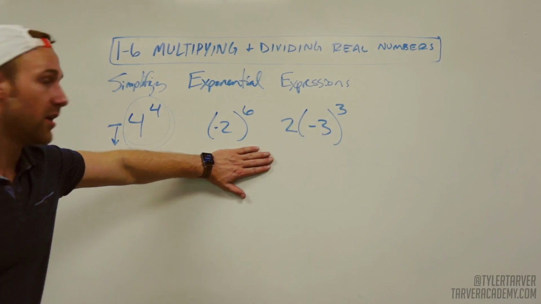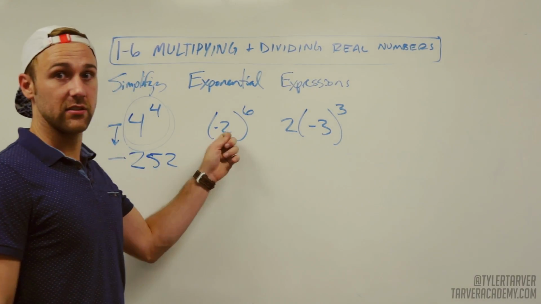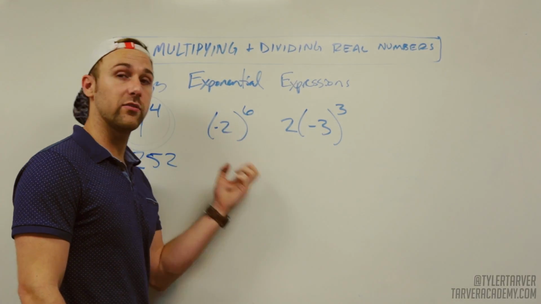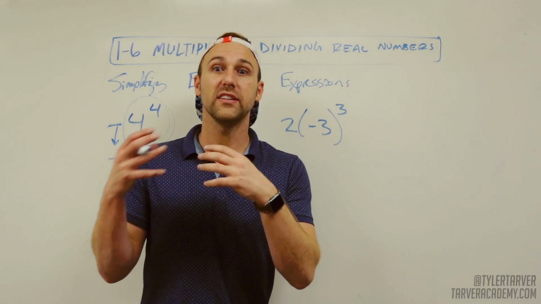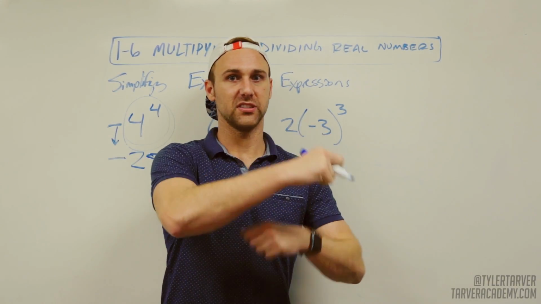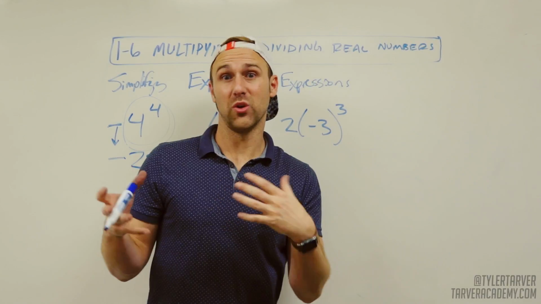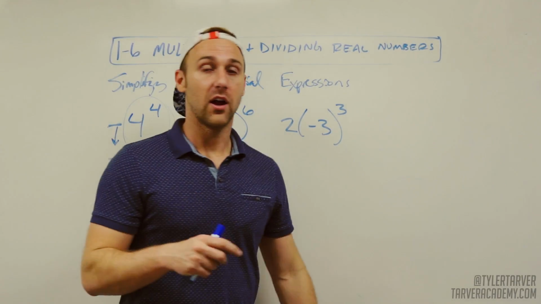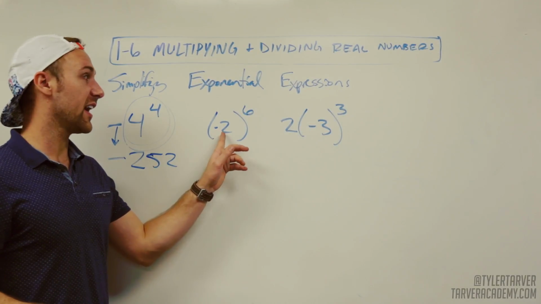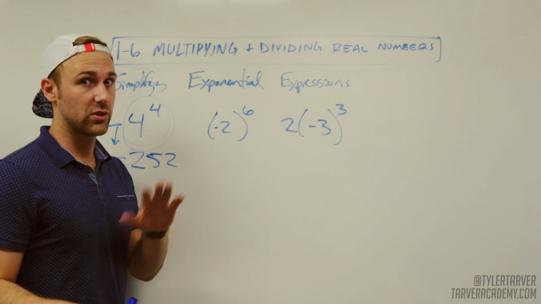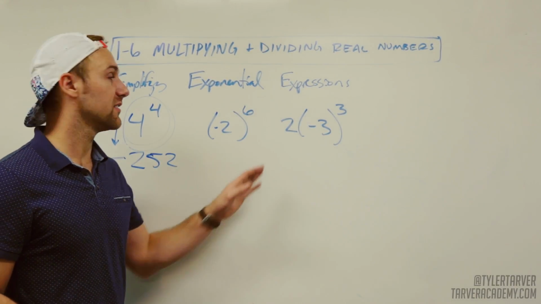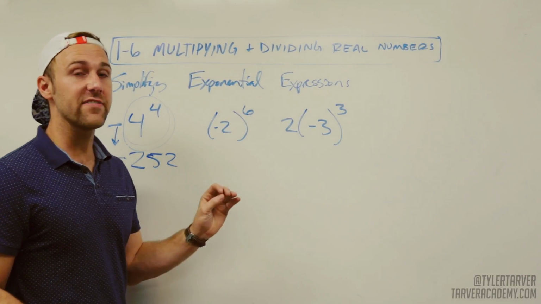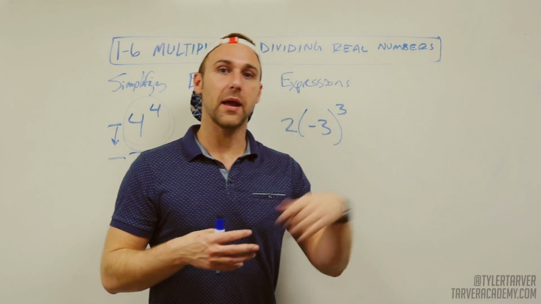This one's different because the negative is in the parentheses with it. So whenever you're doing this exponent, multiplying something times itself, times itself, the negative is going to join the ride. So we've got negative 2 to the 6th. First off, is this going to be positive or negative when I get done? I told you earlier, it's going to be positive because that 6 is an even number, so it always ends up positive.